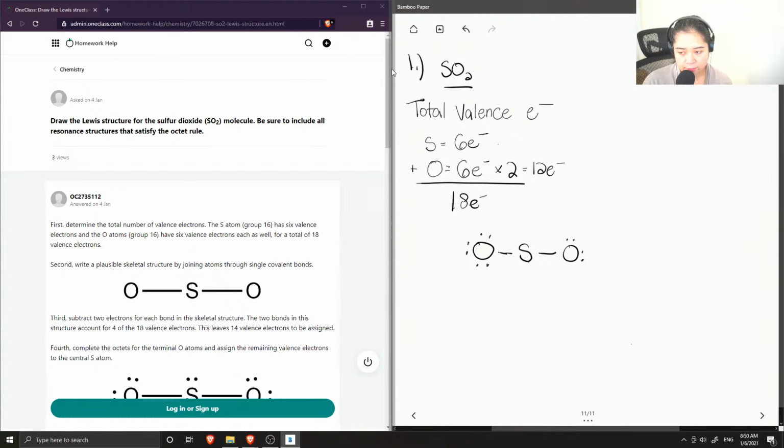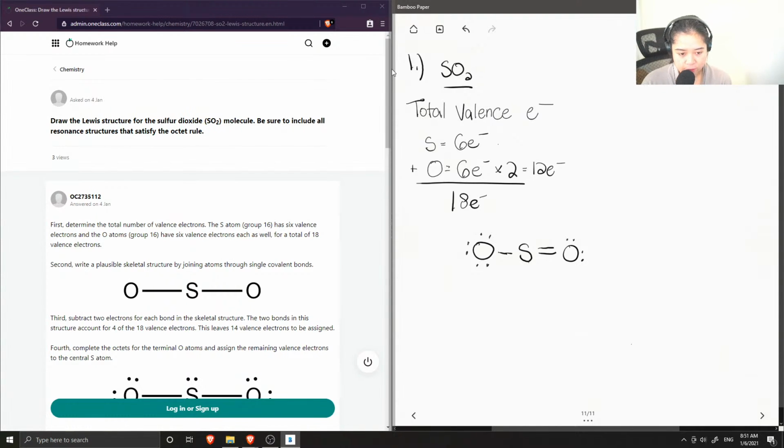But before I finish writing out the oxygens, you'll notice that our sulfur doesn't have a full valence shell. So I'm going to draw a double bond. And let's count to see how many electrons I've drawn so far. We have 1, 2, 3, 4, 5, 6, 7, 8, 9, 10, 11, 12, 13, 14, 15, 16.